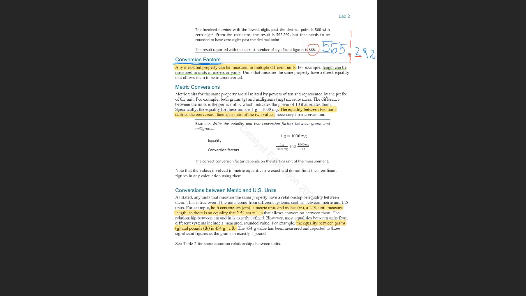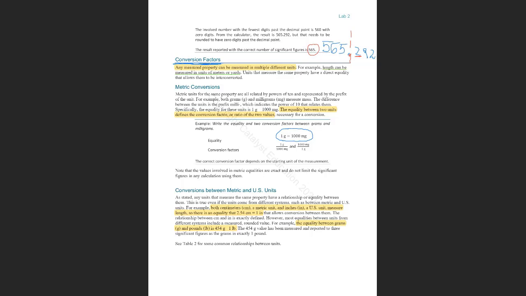So here, for example, the equality between two units defines the conversion factor or ratio of the two values. For example, here it says, okay, the equality 1 gram equals 1,000 milligrams. We need to know that.